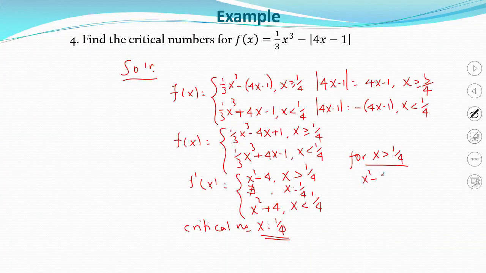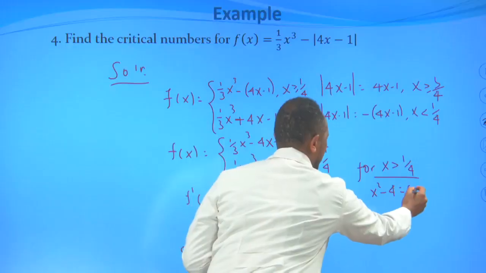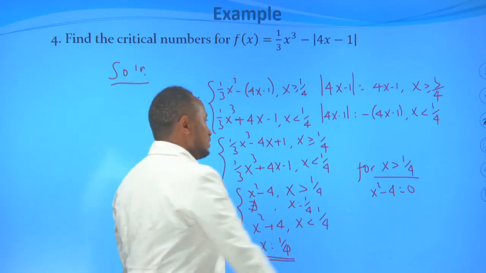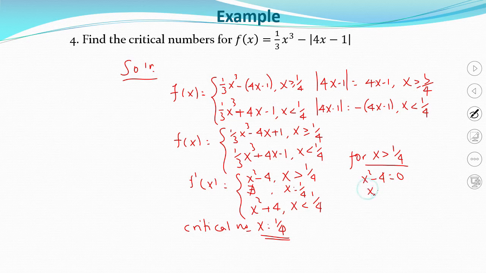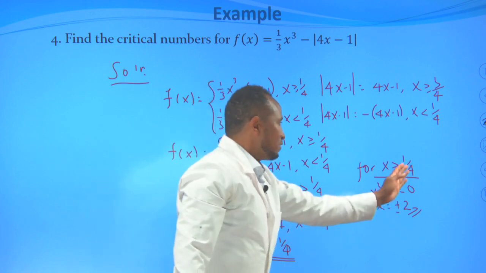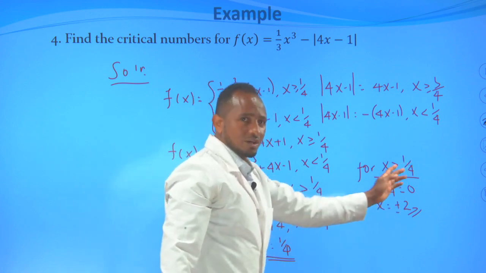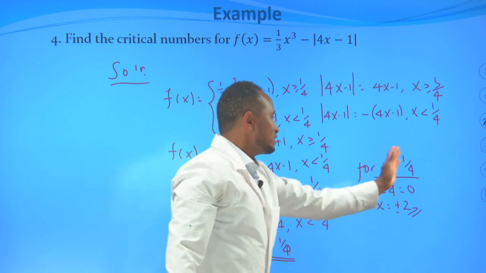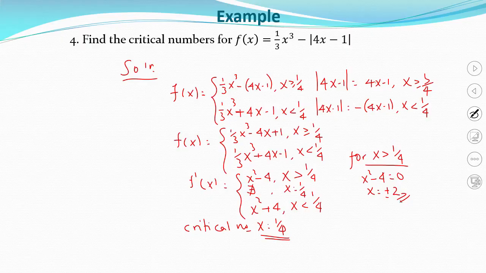Let's check that. x squared minus 4 equals 0, so x equals plus or minus 2. But negative 2 is not on this interval, so we cannot take it. But 2 is on this interval, so the critical number found on this interval is only positive 2. Therefore, another critical number for this function is x equals 2.